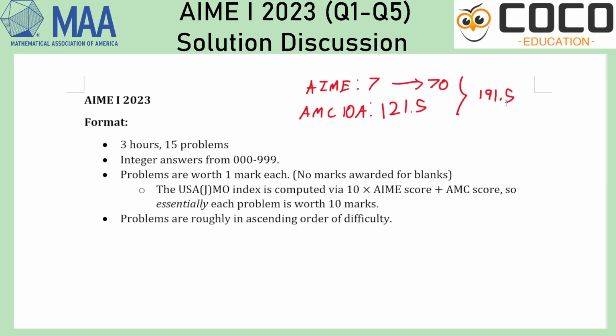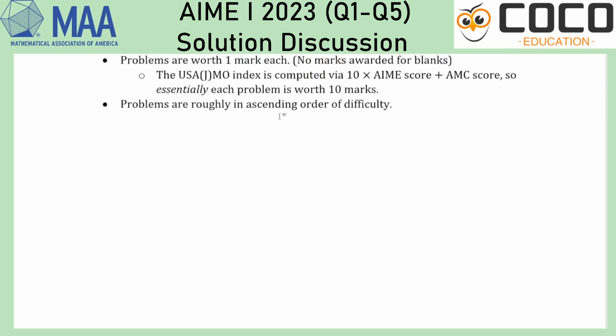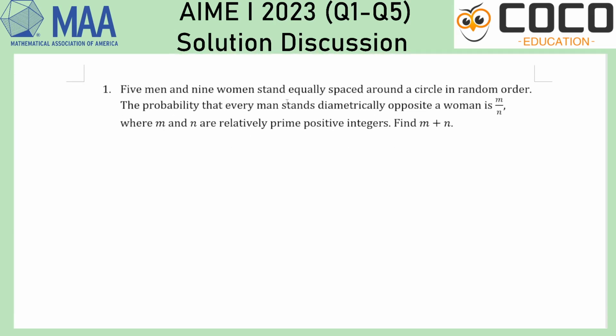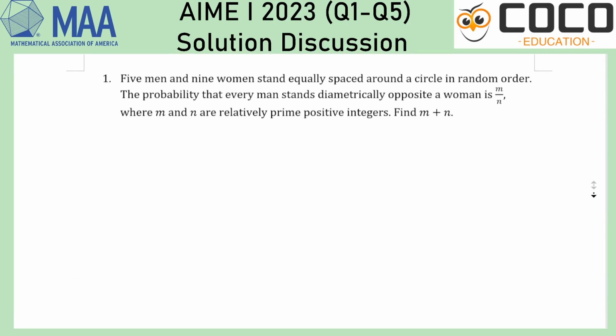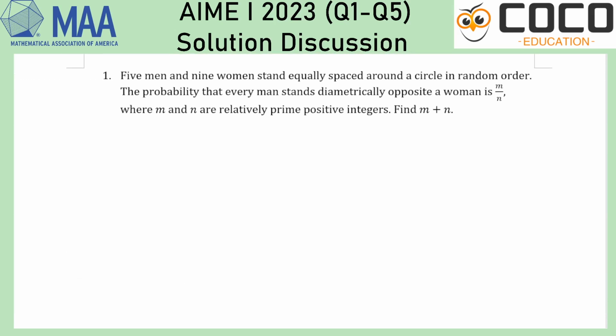The problems also are roughly in ascending order of difficulty, but they don't start off as easy as the AMC starts off. So we're going to look at the questions from 1 to 5 in this video, and you will see that right off the bat, question 1 would look like the difficulty of a late AMC 10 or 12 problem. So straight away, this is your easy question, quote unquote.